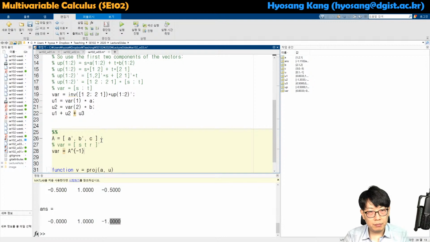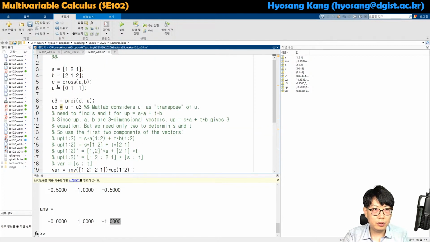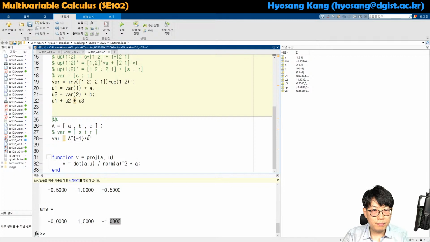When you take the inverse of a matrix, and this is a square matrix of course, you can simply put a minus 1 hat here to represent the inverse. I already defined u in the previous code. So I put u prime, meaning that this u should be transposed to a column vector.